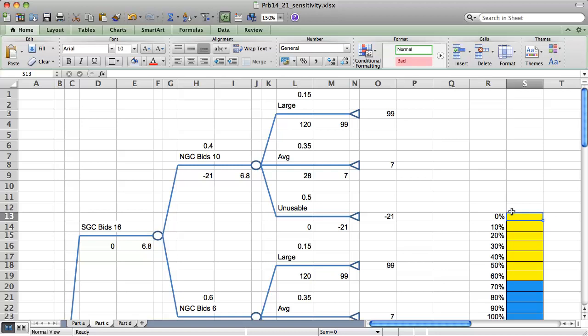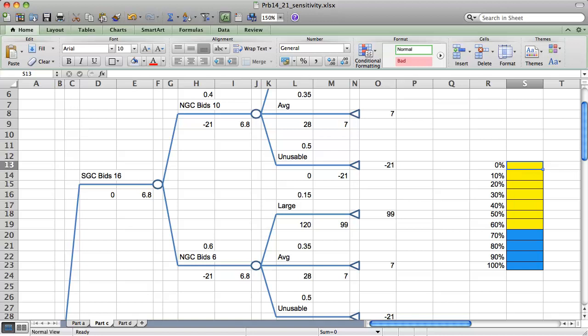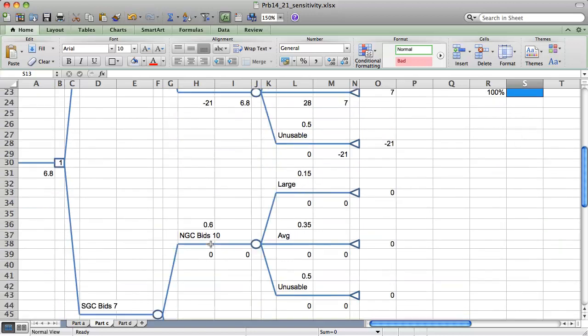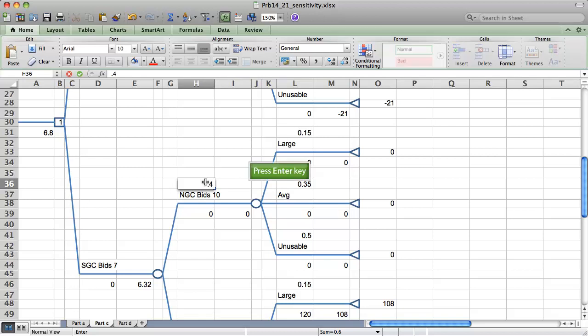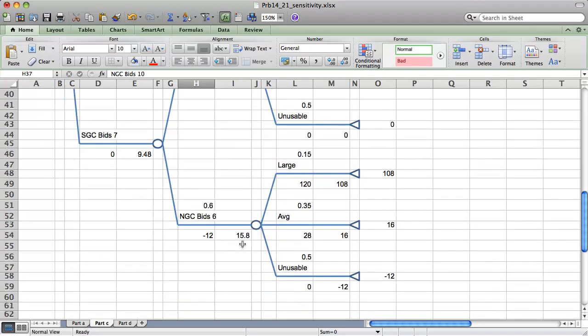The probability being considered in Part C is the probability of NGC bidding 10 million, which is currently set at 40%, and their low bid of 6 million at 60%.